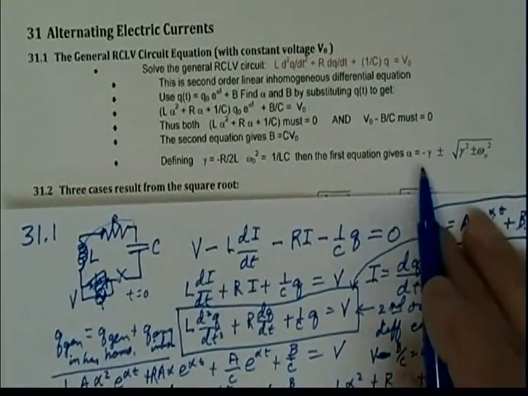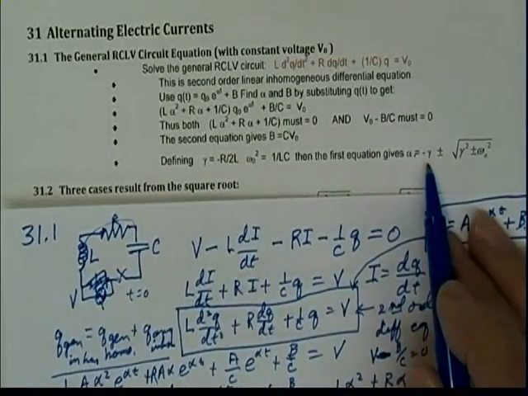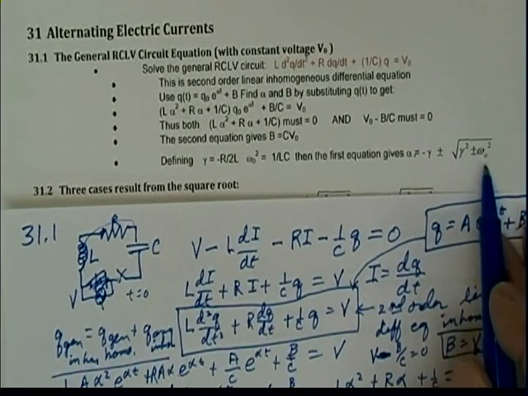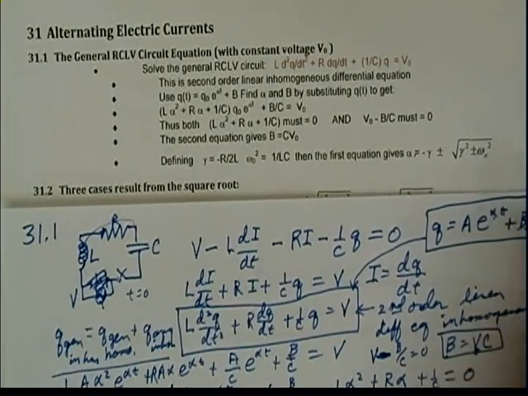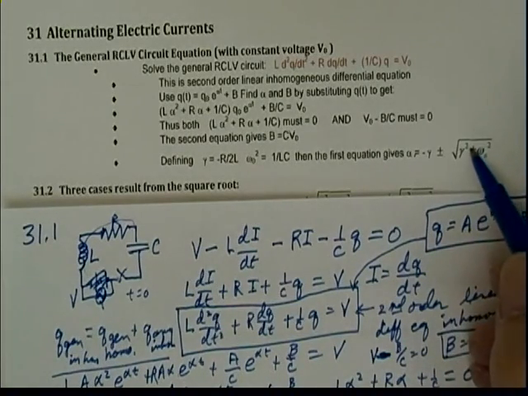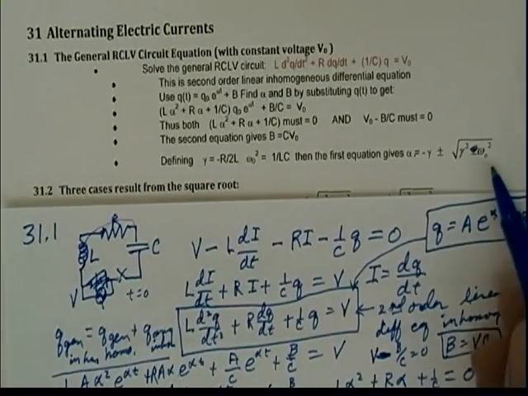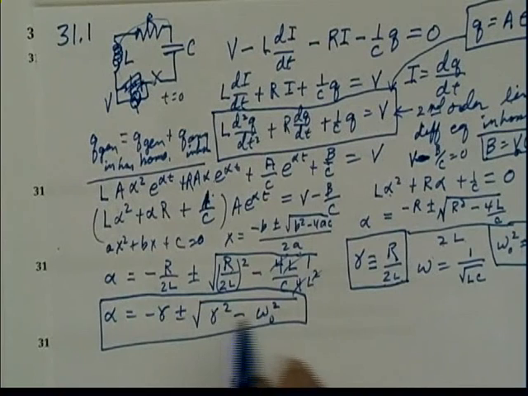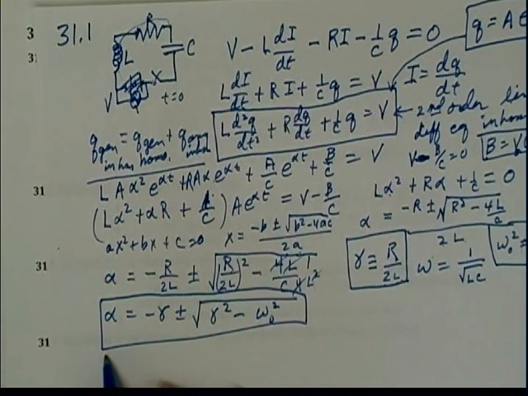And that gave us our final equation. Alpha is equal to minus gamma plus or minus the square root of gamma squared, sorry, that's not a plus or minus, that's an error there. It's a minus omega naught squared. And that's exactly the equation that we ended up with here. So now we have to interpret this equation, and that'll take us into the next section.